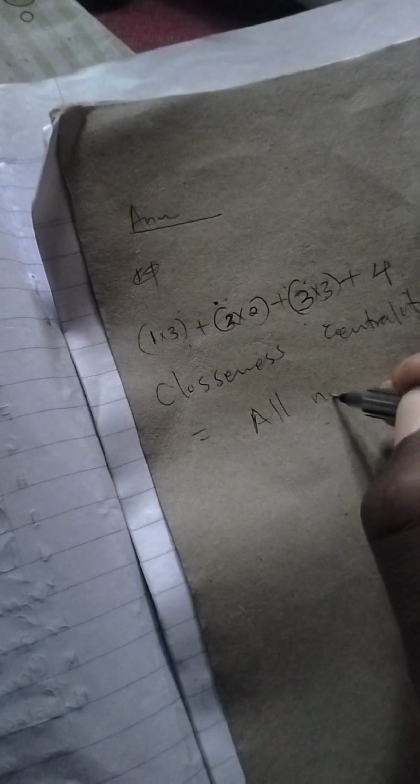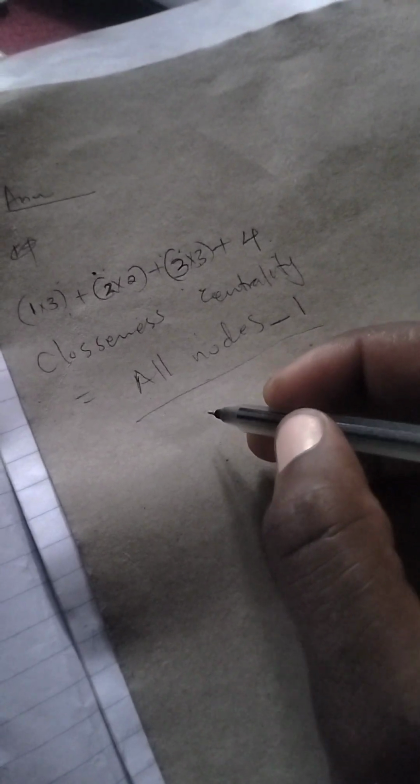So you will come here. Closeness centrality is equal to all nodes minus 1 over all the vertices connected.